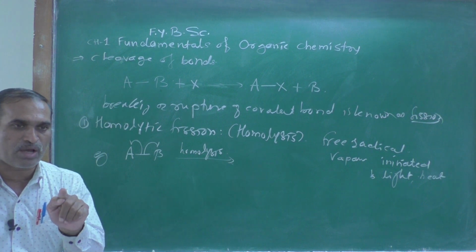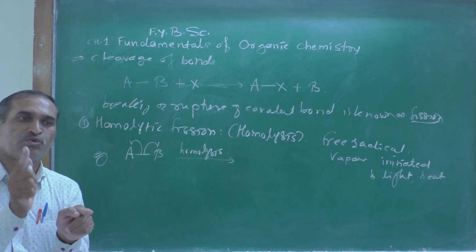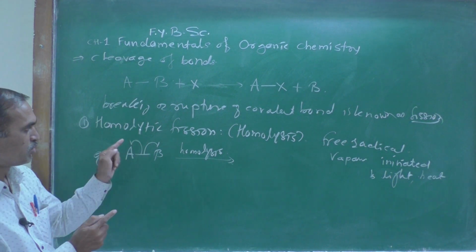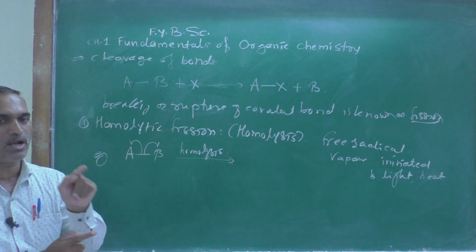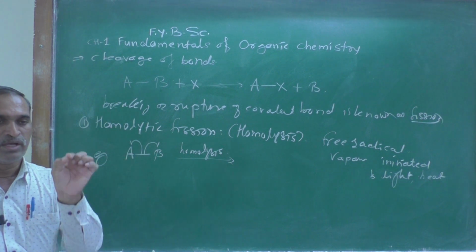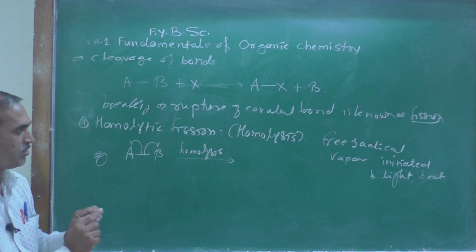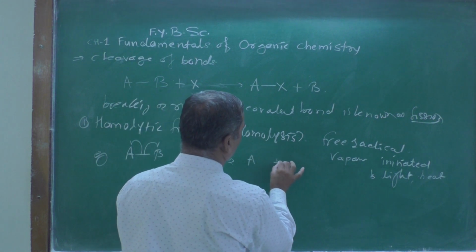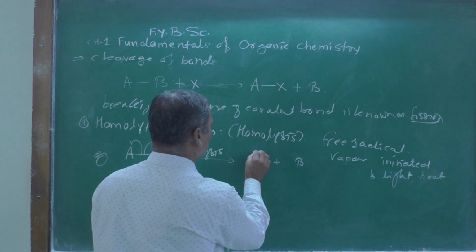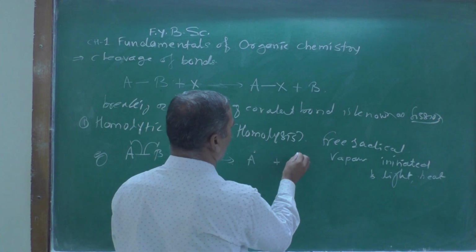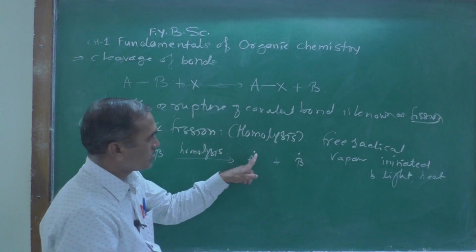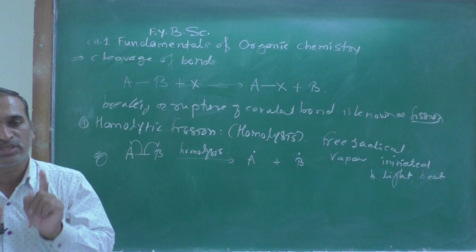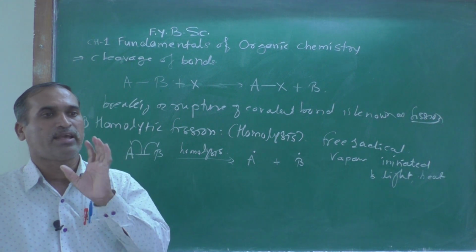This type of arrow is known as a fish hook arrow. It is shown on one side only, and it clearly indicates that only one electron is retained. Then that one electron is shown like this, as a dot. This dot is nothing but a free radical.